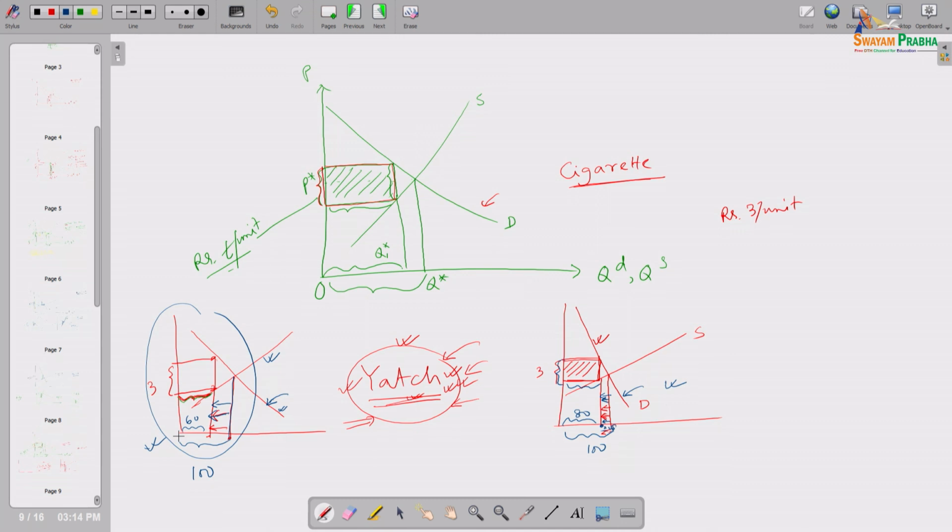So, total tax revenue government will get in this case is 60 into 3 rupees, vis-a-vis in the other case it is 80 into 3 rupees, because after the imposition of the tax, per unit of transaction government will get 3 rupees. So, definitely 80 into 3 is the total money government will get as tax, in this case government will get 60 into 3.